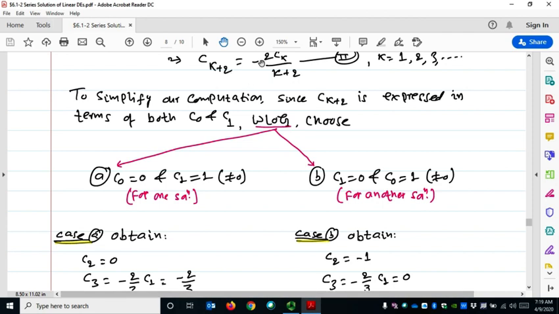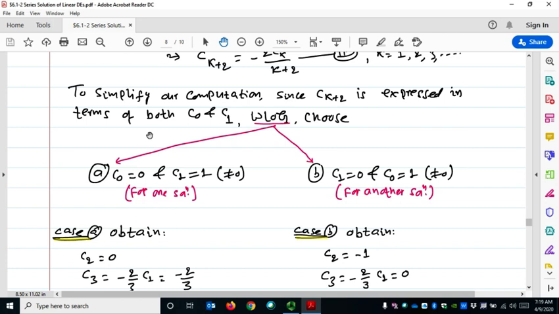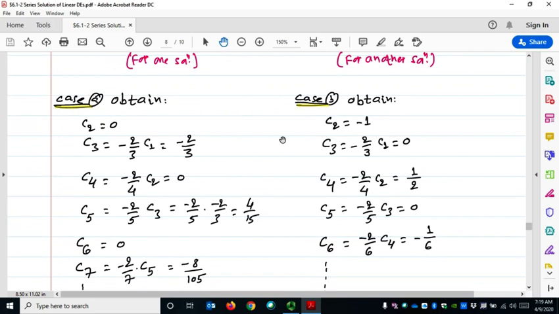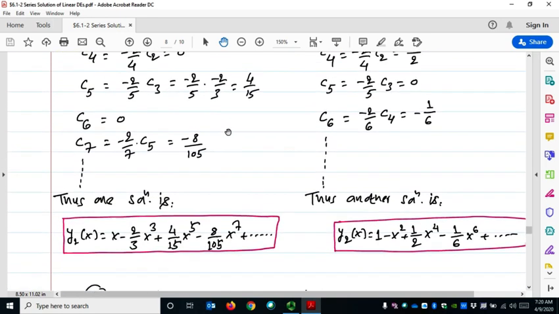So minus 2 times c1 over k plus 2, meaning k is 1, so 3: minus 2 over 3 c1. And we know c1 is 1, so minus 2 thirds. Similarly, I can show that star equation here. Similarly compute c4, c5, c6, c7. Then we get this solution.